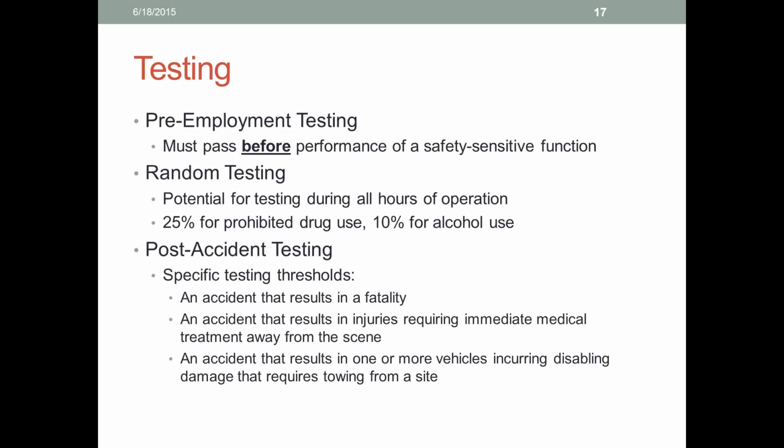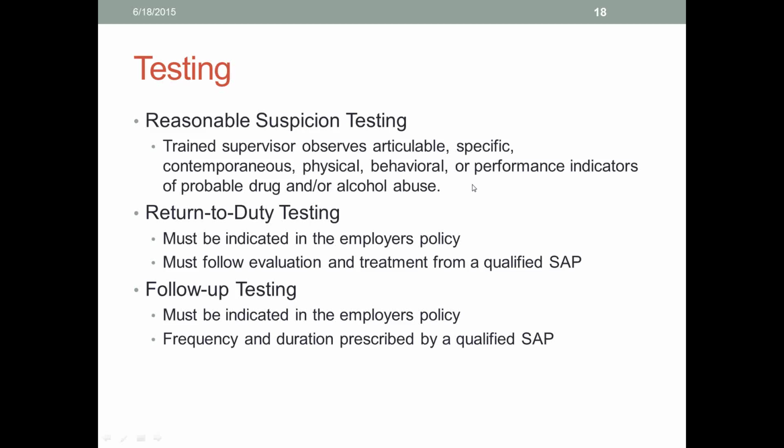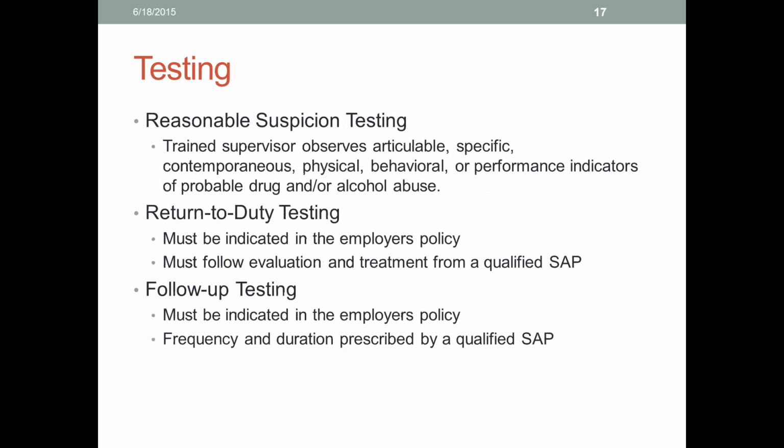The second, probably the second or tied for first biggest issue that I see is not necessarily the random testing issue, but it is the use of the custody and control form.